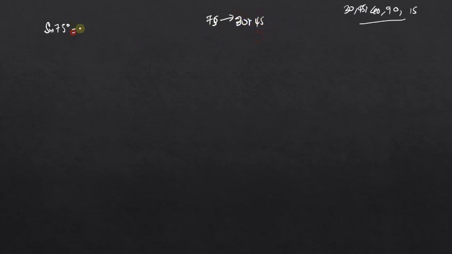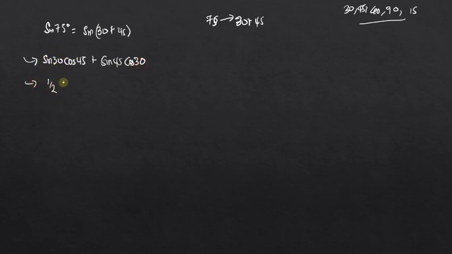So this will be equal to sine of 30 plus 45. When you express it in terms of the compound angle formula for sine, that will give us sine of 30 cos of 45 plus sine of 45 cos of 30.